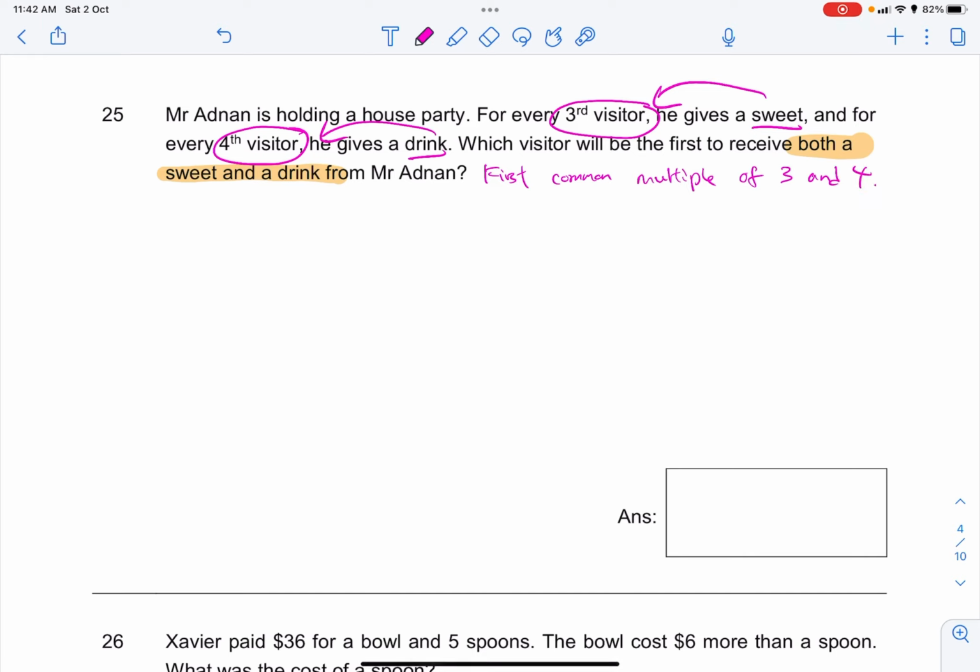So let's look at the multiples of 3, and we're going to keep counting until we get to a number that can be divided by 4. Then we know that's our answer. So let's count: 3, 6, 9, 12. Aha! I know that 12 can be divided by 4. So I will stop here. This is my answer. The 12th visitor will get both a sweet and a drink, right?